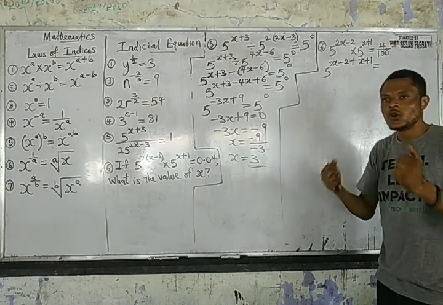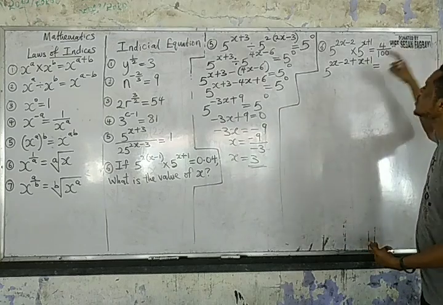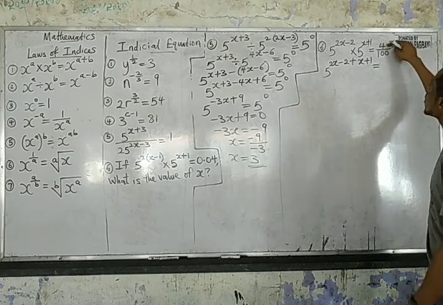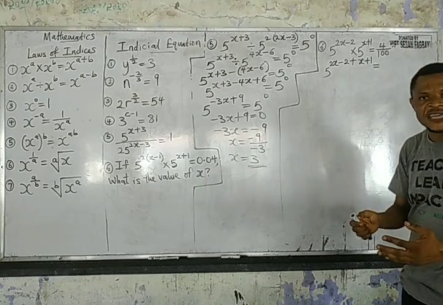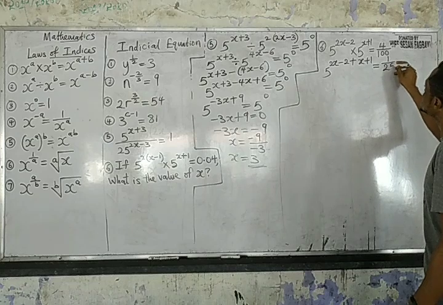We think it logically. There is no way we can index this to give us 5. But rather, we can say 4 goes here, 1, 4 goes in 100, 25. Now, 1 all over 25.